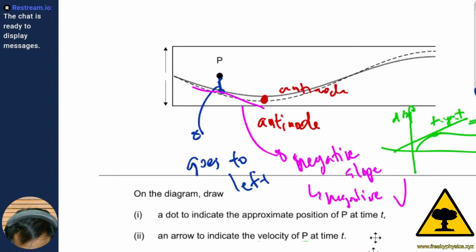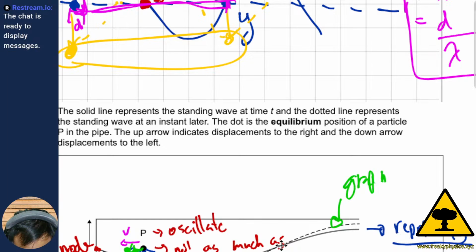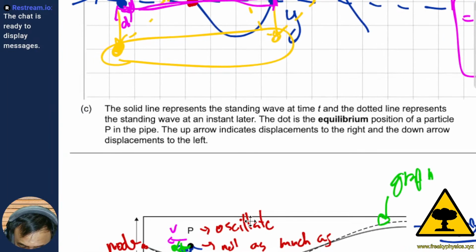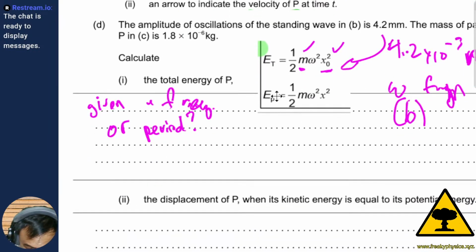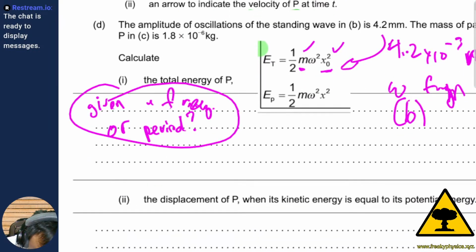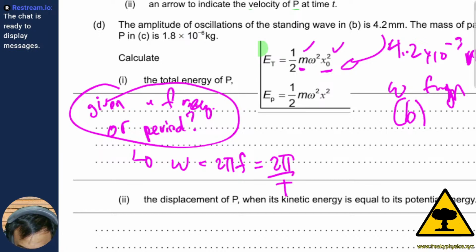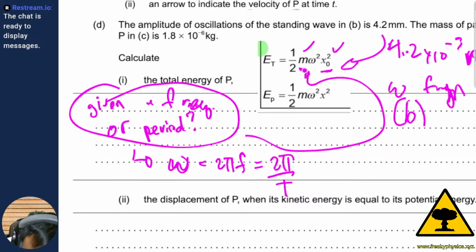Now let's just see if there's anything else given. There's nothing else given in the stuff you gave me. So at this point, once you find, this is gonna be important. If you're given the frequency or the period, then from here you can calculate omega, right? That's gonna be 2 pi f or 2 pi over T. And then this omega here is what you put into there.